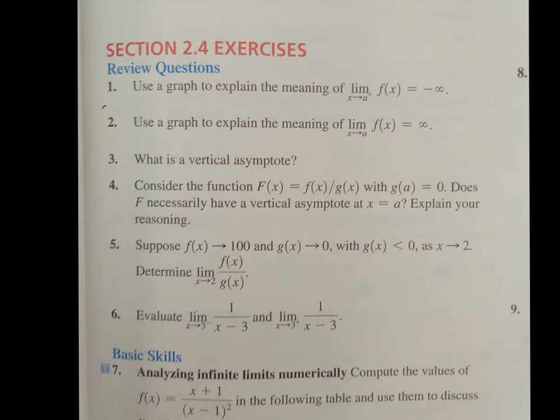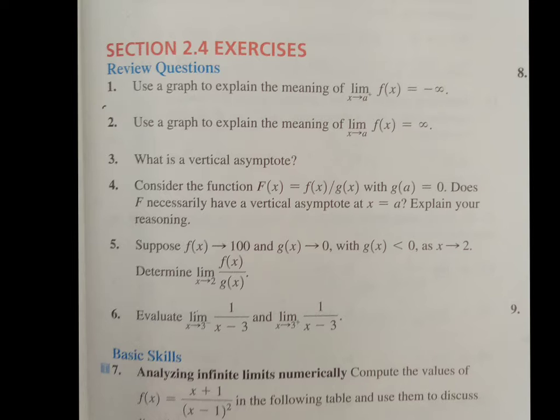I'm not going to read all that, but we have f over g with g of a equaling 0. Does f over g necessarily have a vertical asymptote at a? On a statement like this, you have to give me all the things that could happen.